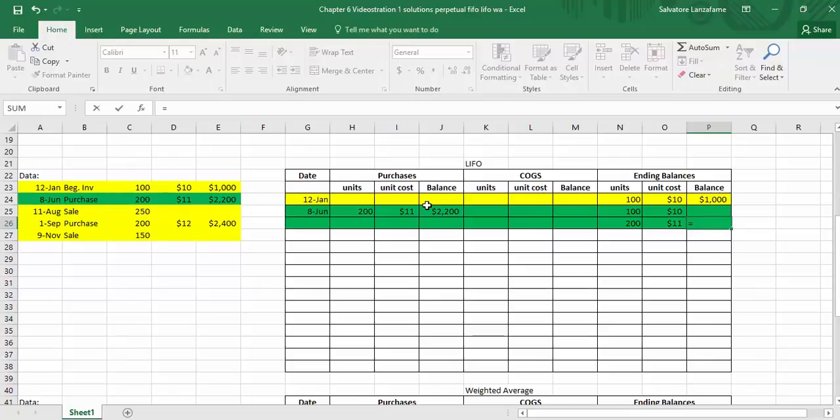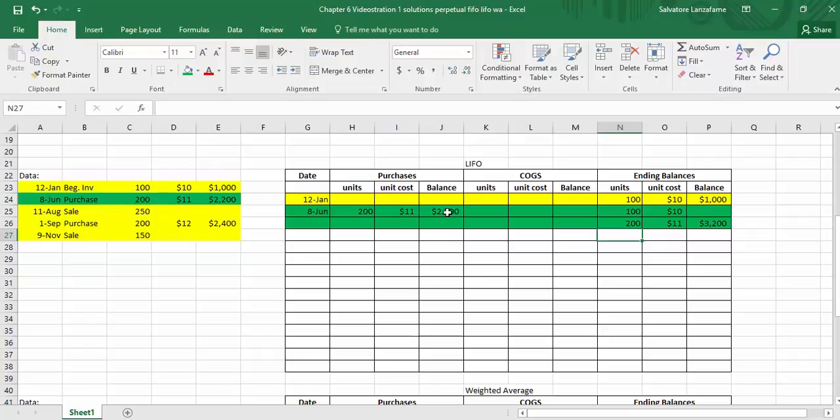So just like up top, when we did FIFO, I'm going to go 100 times 10 plus the 200 times the 11, and I get 3,200.